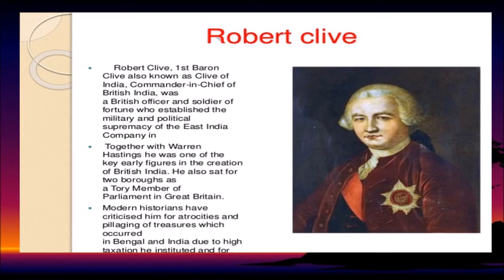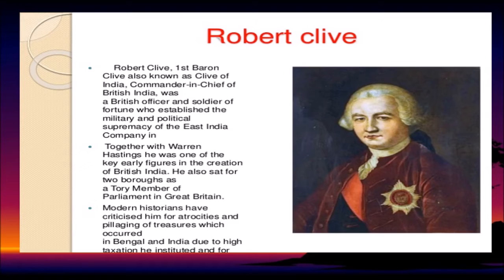It started using the revenues from Bengal to buy its goods. But the economy of Bengal suffered deeply. Peasants were unable to pay the dues and artisans' production fell because the company bought the artisans' goods at low prices by force, by commanding them.